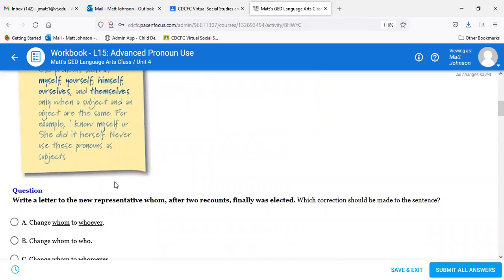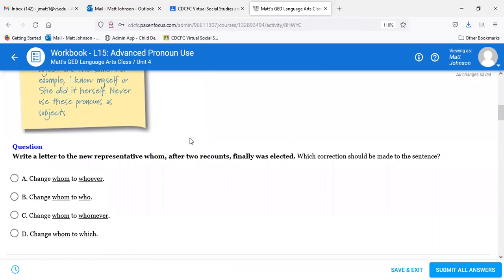And our first question there: write a letter to the new representative whom, after 2 recounts, finally was elected. So we want to look at whom. Is this being used correctly?